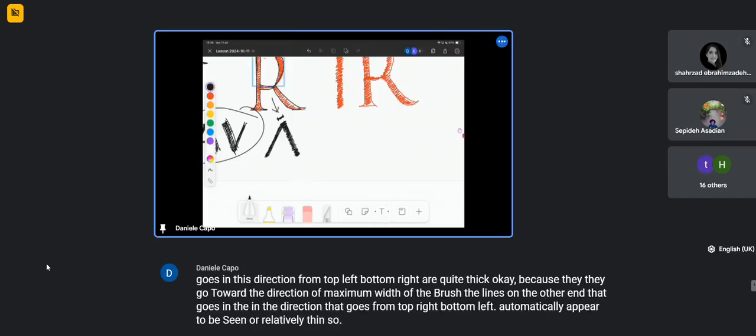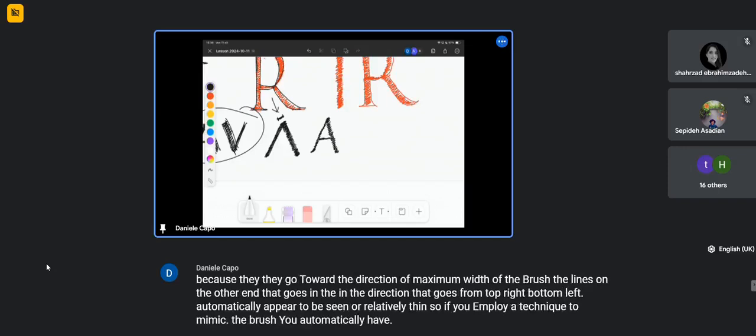So if you employ a technique to mimic the brush, you automatically have the contrast that we appreciate in our letters.